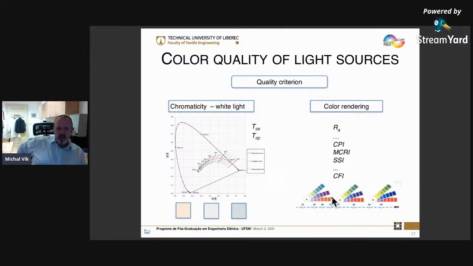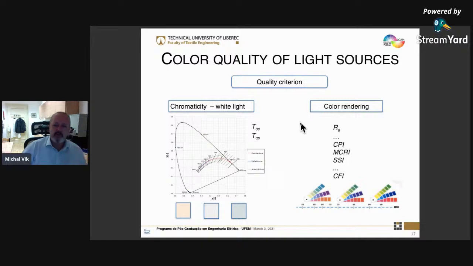That means there's no reason to discuss color quality of a light source which is positioned here or here or here. Only the light sources which are in this range, which is exactly for white light.